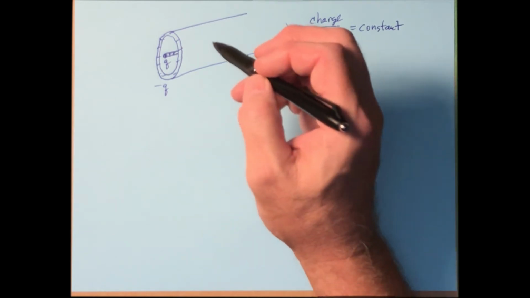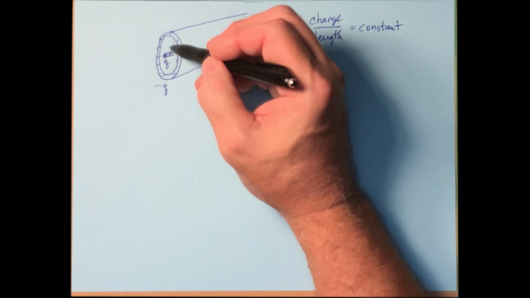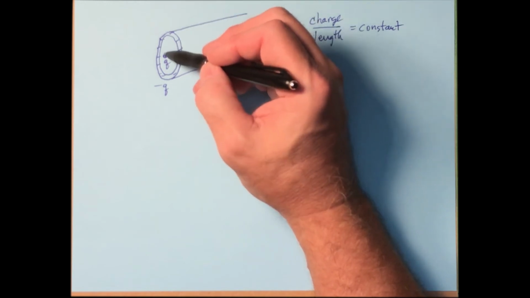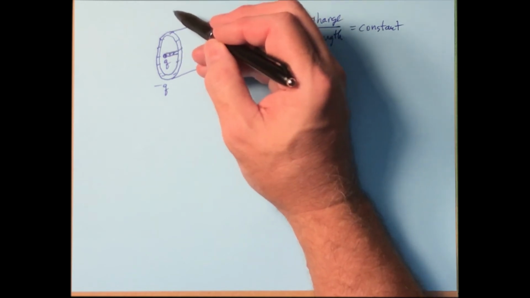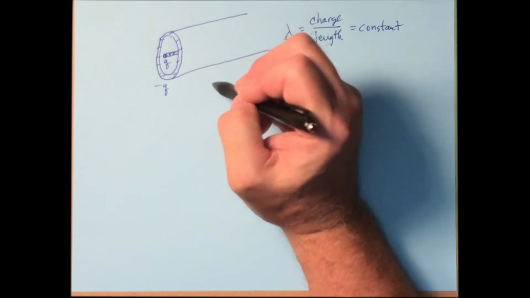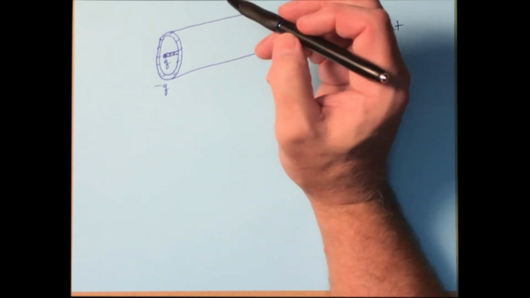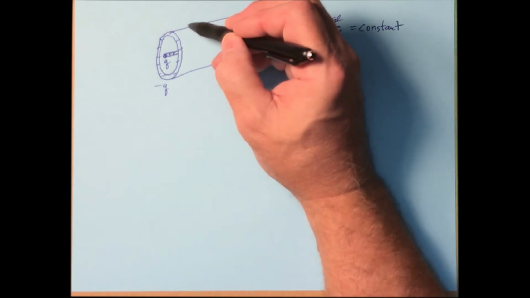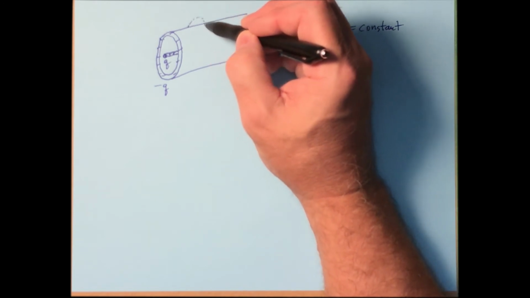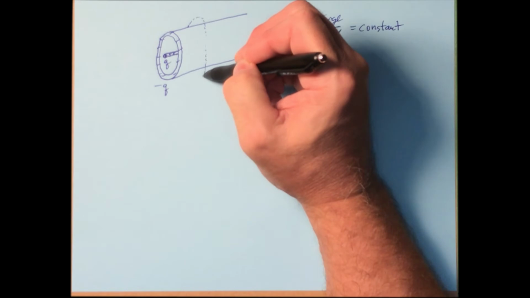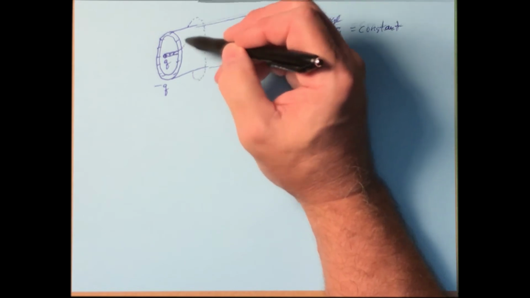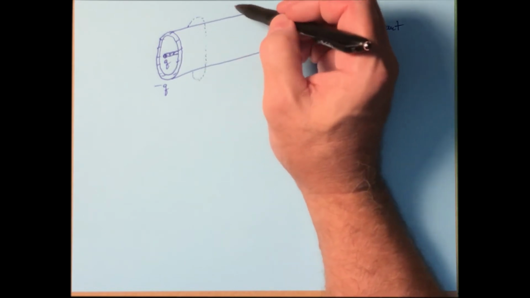First of all, let's pick a radius from the center that is outside, so out here some distance away, and we need to draw a Gaussian surface for that. So what kind of Gaussian surface do you think would be appropriate? Well, probably a cylinder again, since this is very cylinder-like.